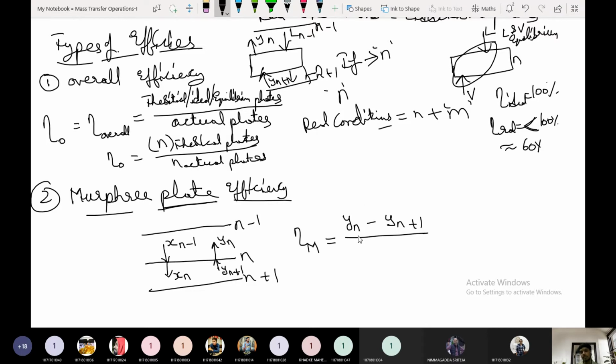If that plate is operated at ideal conditions, what would the vapor values have been? So this is y n star, which denotes the vapor would have reached equilibrium on this particular plate, n minus y n plus 1. This is called the Murphree plate efficiency. The Murphree plate efficiency is defined with respect to the vapor composition.